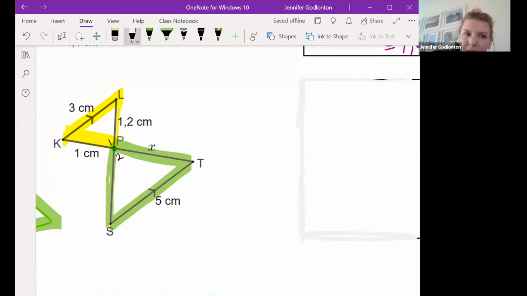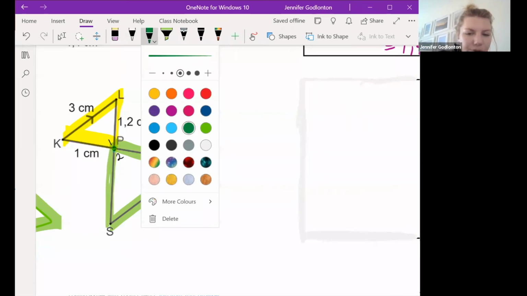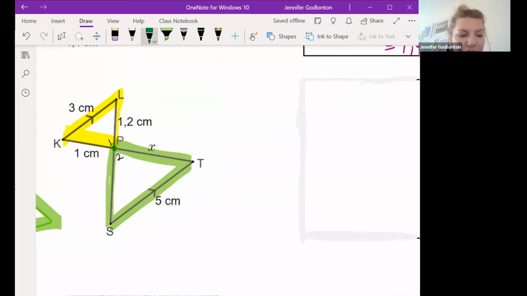Get rid of this square. I'm going to start writing some of the things that you guys have been putting in the chat over here. So, first step, we do our introduction.